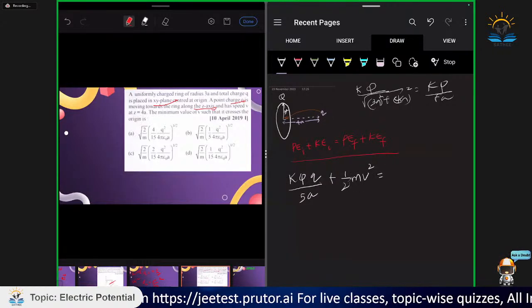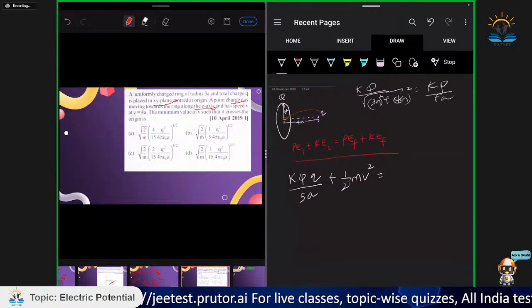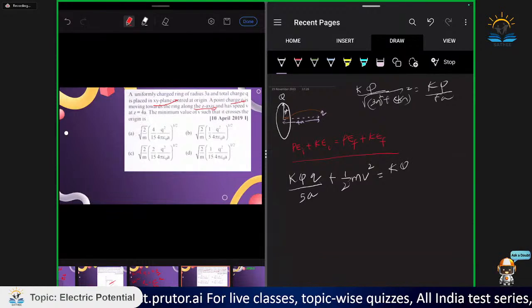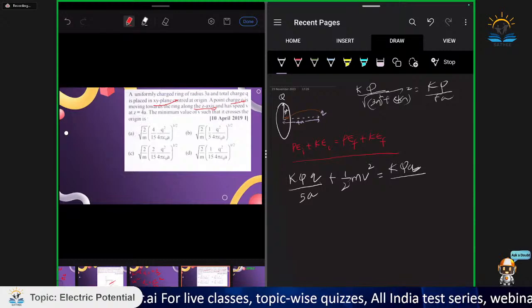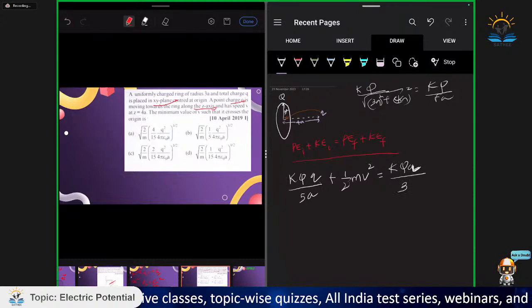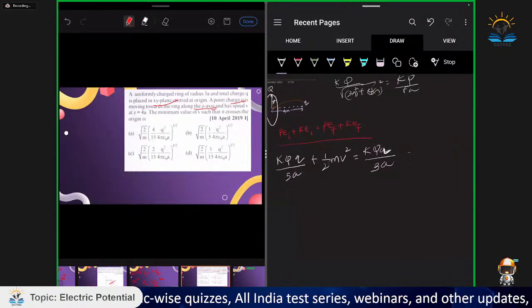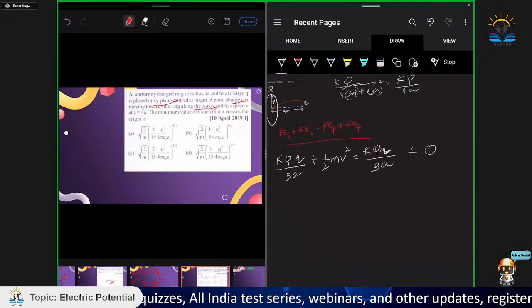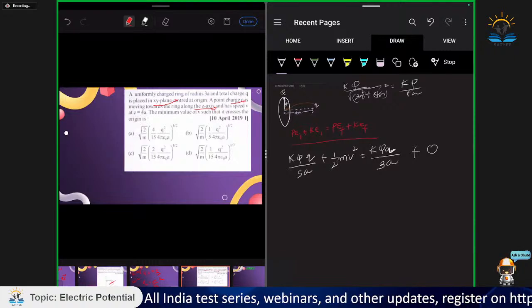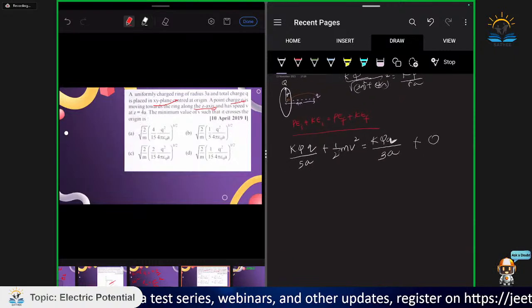This is equal to the final potential energy, which will be at the center, right? kQq, as q reached the center, 3a, kQ by R, that's the formula. And the final kinetic energy will be zero because it stopped. Then we can just rearrange this.